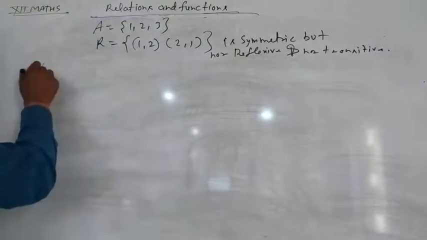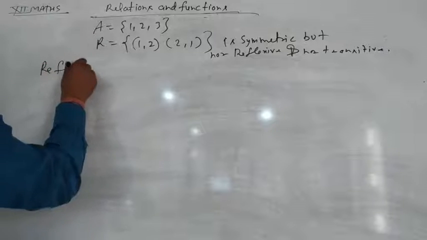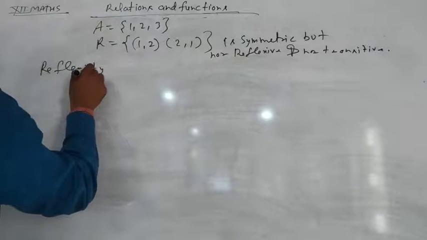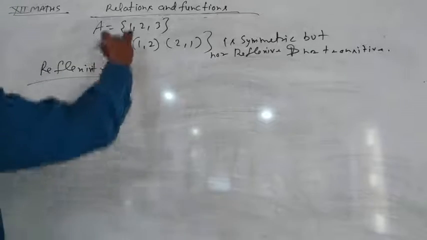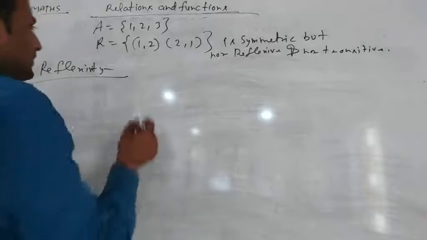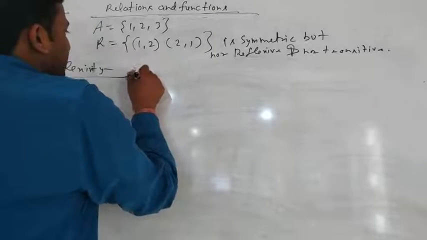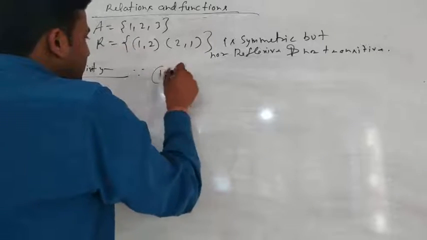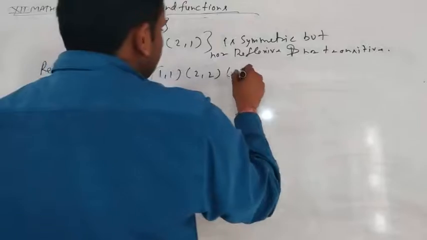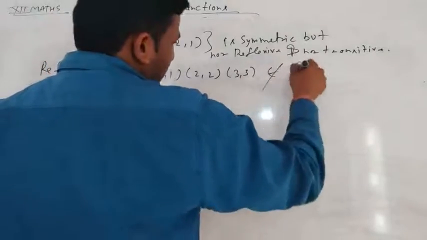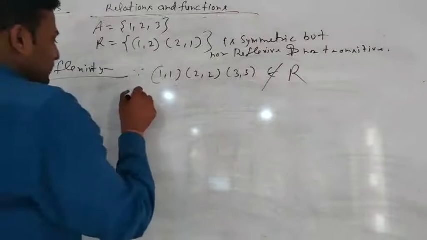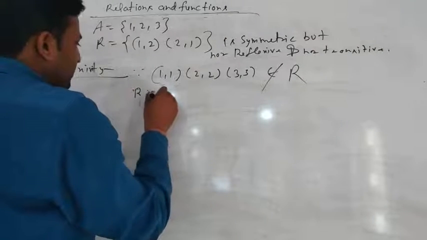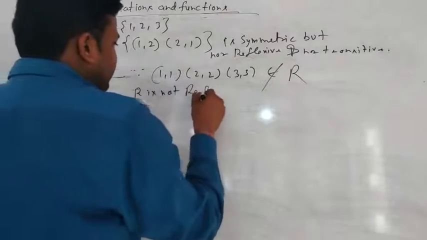Okay, so we prove first for reflexivity. Okay students, in the set there are 1, 2, 3 elements, but in the relation (1, 1), (2, 2), (3, 3) do not belong to R. So we say that R is not reflexive.